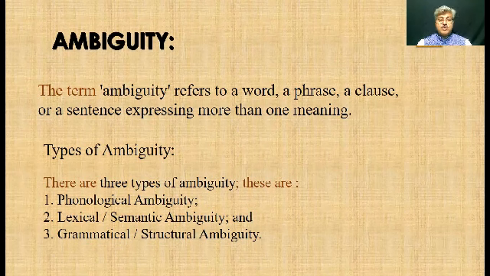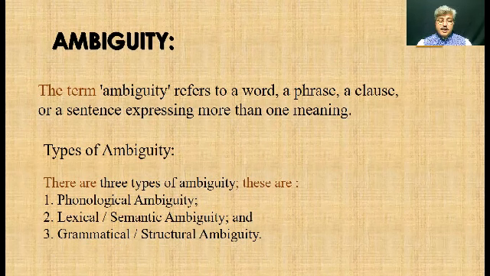Types of ambiguity. There are three types of ambiguity. Number one is phonological ambiguity, number two is lexical or semantic ambiguity, and the third is grammatical or structural ambiguity. Number one, phonological ambiguity. For example, done is done.